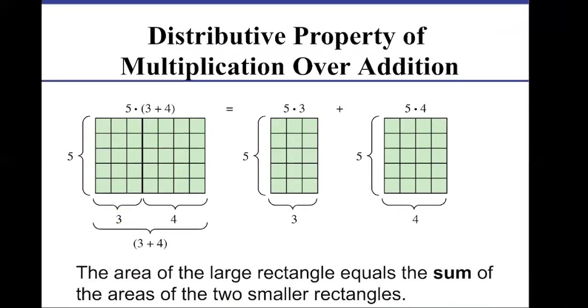Here it is in a diagram. We can see that 5 times 7 is 35. But we don't have to do it that way. We can distribute and get the 5 times 3 and the 5 times 4 and get the same answer.